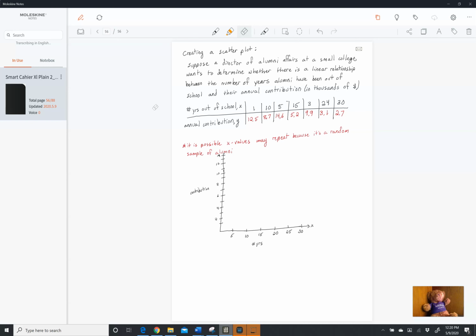We have 1, 12.5. So 1 is somewhere around here. 12.5 is about here. So 1, 12.5 would be our first point. Then we have 8.7, which is somewhere around here. 8.7, 10, 8.7. Then we have 5, 14.6. 15, 5.2.